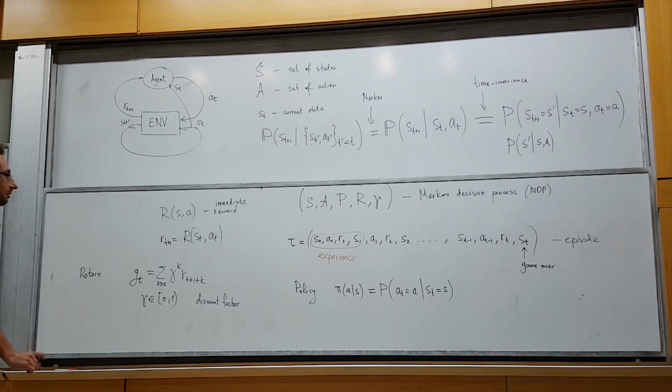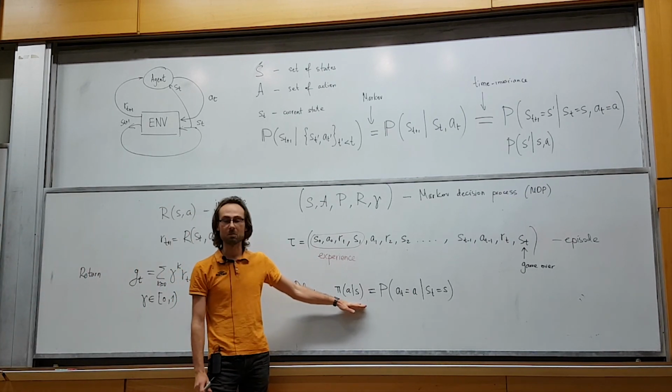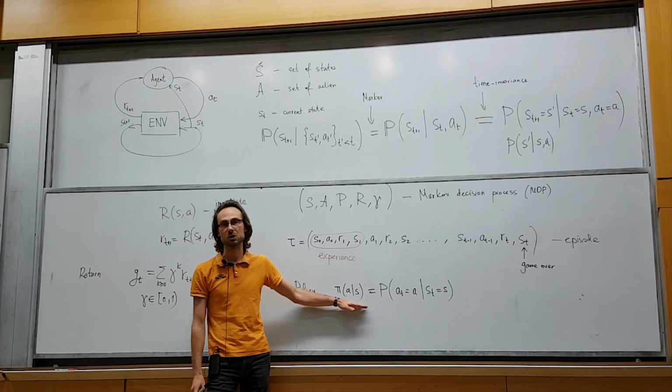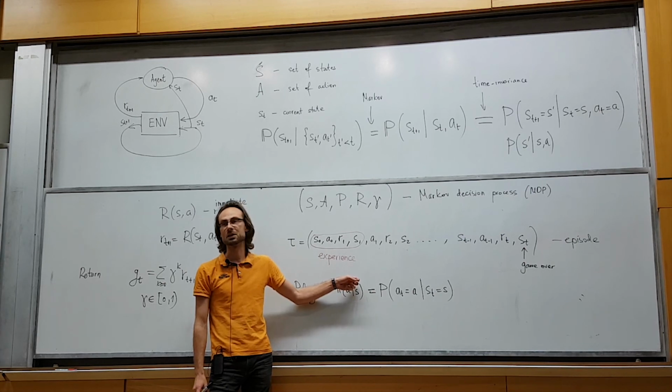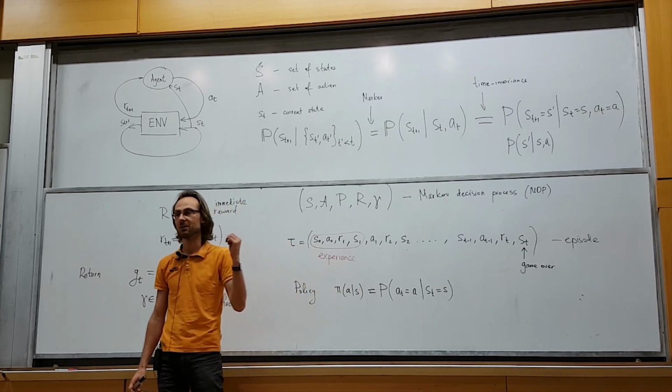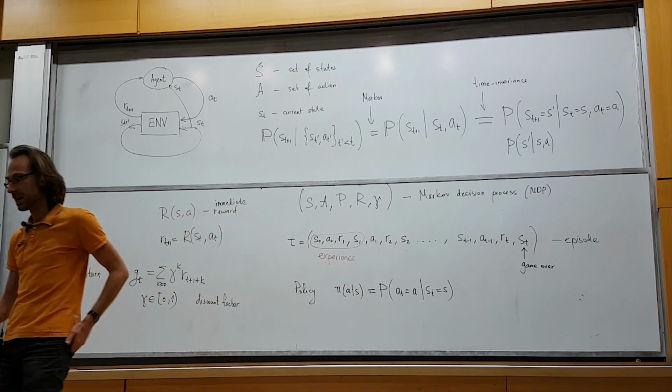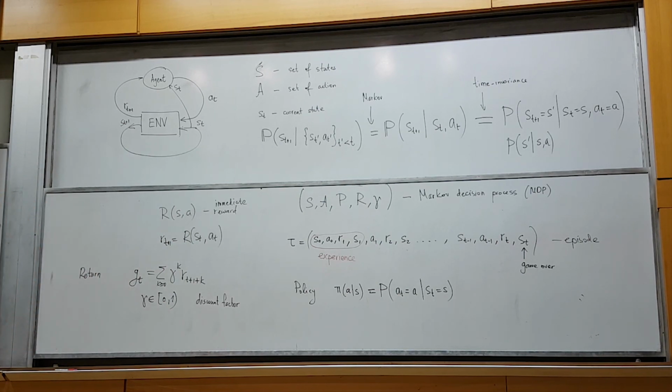Again, this is a conditional probability distribution, right? It tells me for every action A, given a state S, what is the probability of this action A. A is the action that you choose to take.